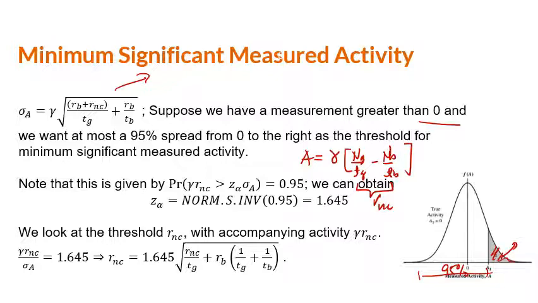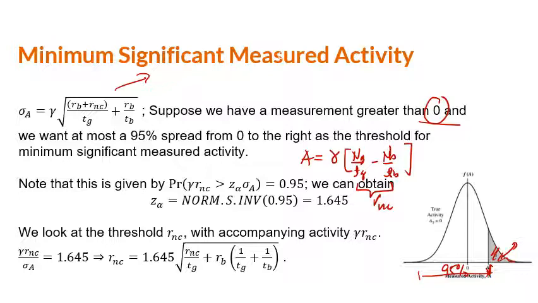So i-convert natin siya into Z-score. So this is kasi ang mean natin dahil we assume that yung activity natin is 0. So actually ano yan, activity minus mean activity, which we assume to be 0, is greater than yung Z-score na ito, na 95% yung buong yan, times sigma A, which is your variance, so 0.95.